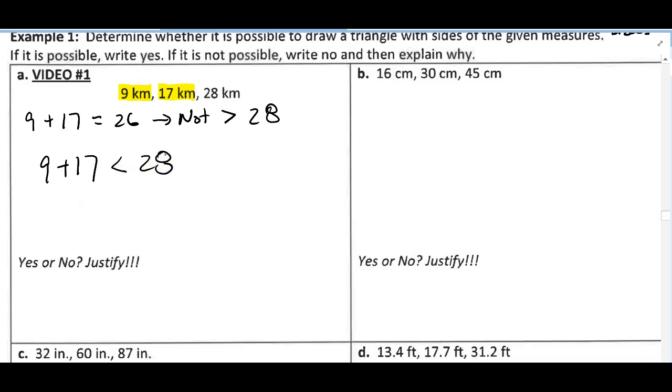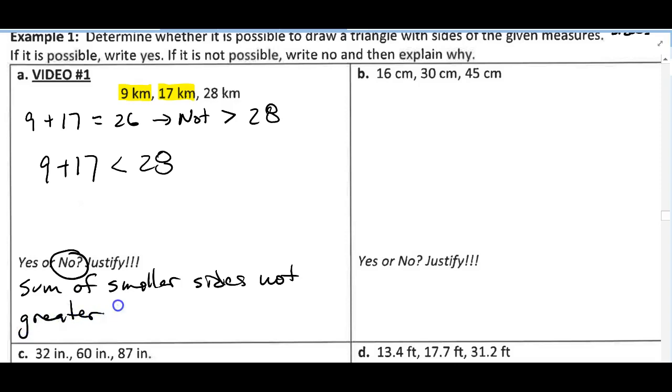So is this a triangle? Yes or no? No. Justification: sum of smaller sides not greater than third side. Alright, let's do one more example.